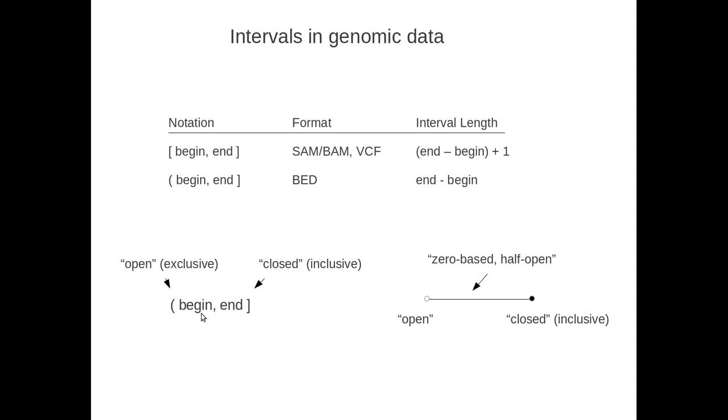So just some notation that you'll commonly see in the literature or in tutorials. This is an open or exclusive format on the left-hand side, and a closed or inclusive format on the right-hand side. This is another way of representing that, where the open circle here means that we're excluding the first position in the interval.